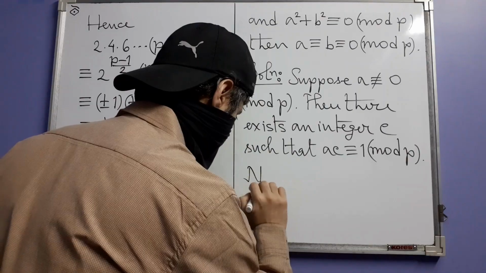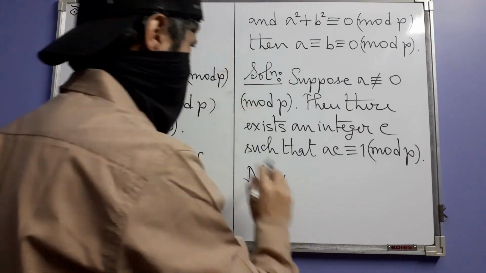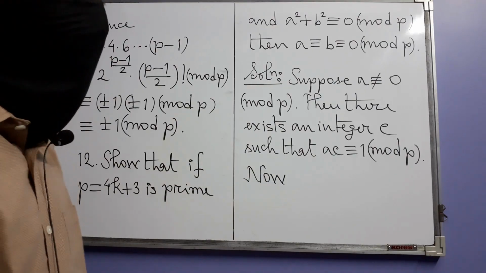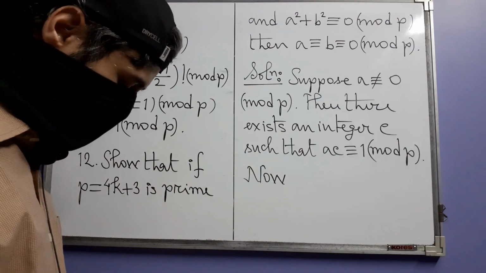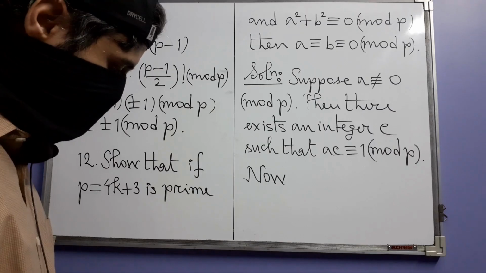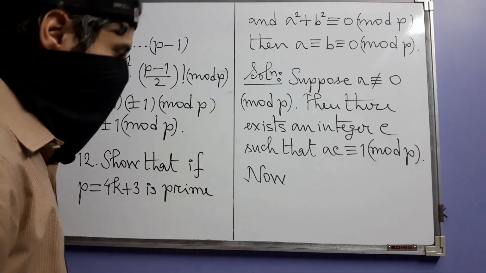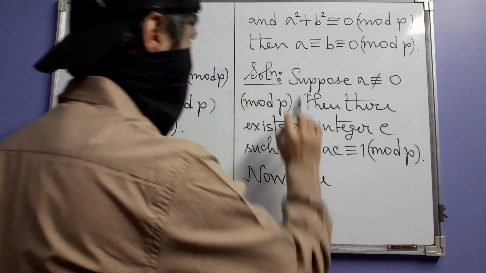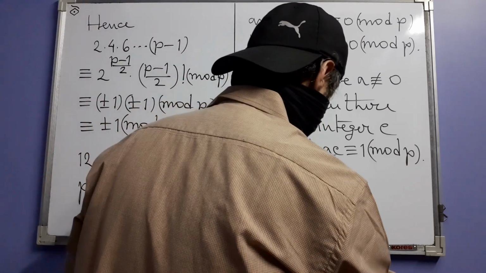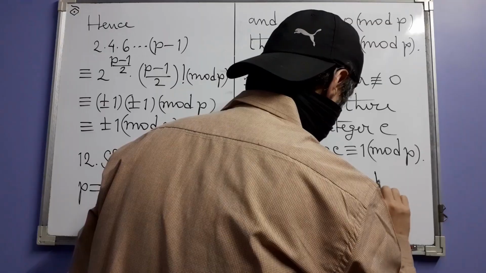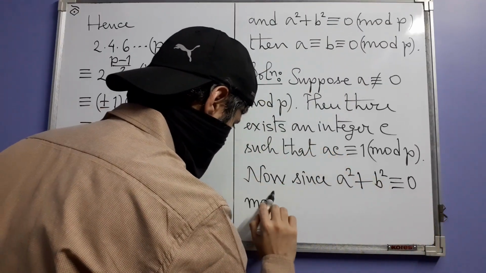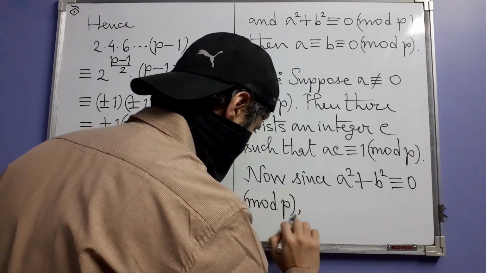Now let us consider this 1 plus ac square, or well, not exactly 1 plus ac square, 1 plus bc square. And we are now going to use this congruence: a square plus b square is congruent to 0 modulo p.